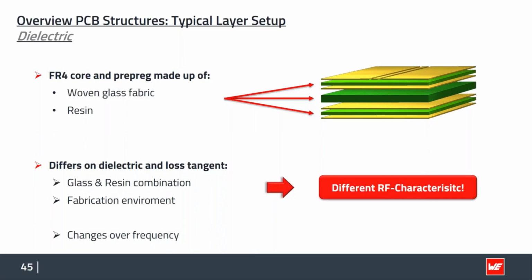So this means if you have designed a working RF PCB with FR4 and it's working with one PCB manufacturer, you cannot just order the same at another one, but you have to really make sure that the ingredients and the relation between the ingredients are the same.